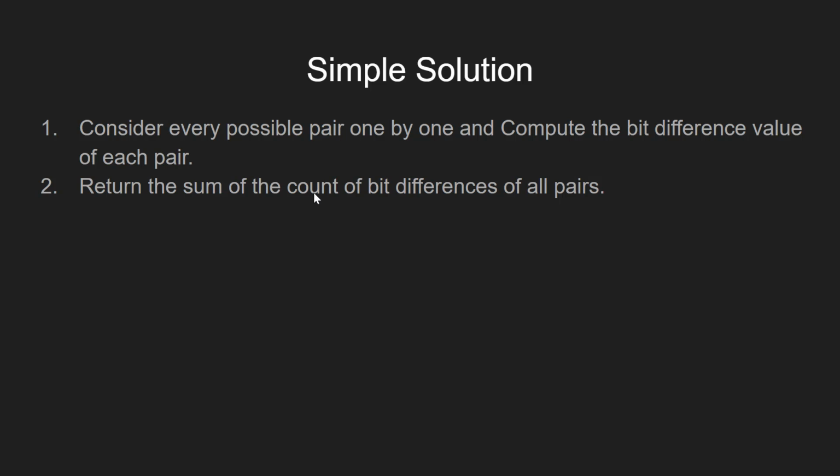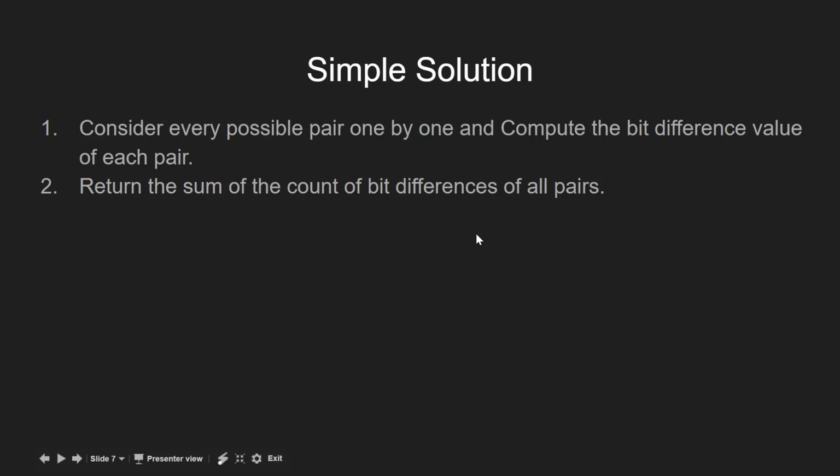One of the simple approaches is where we compute the bit difference value for each possible pair one by one and then update the global sum variable with the calculated bit difference value for each pair. Here we would pair every element with all other elements in the array, and for an array containing n integers we would have n square possible pairs.